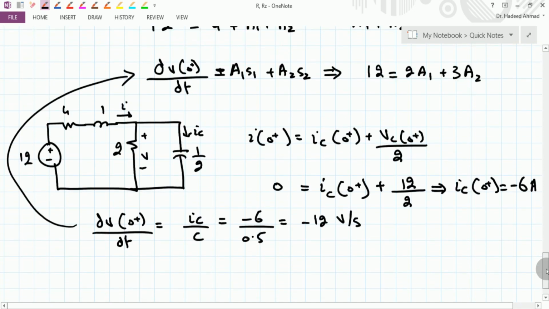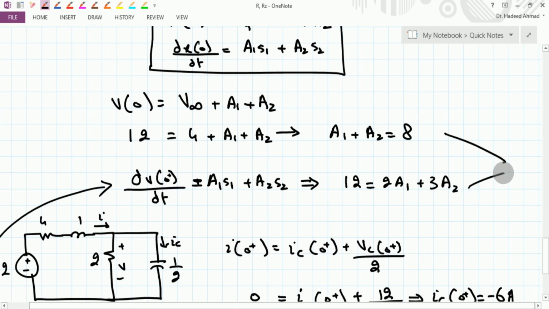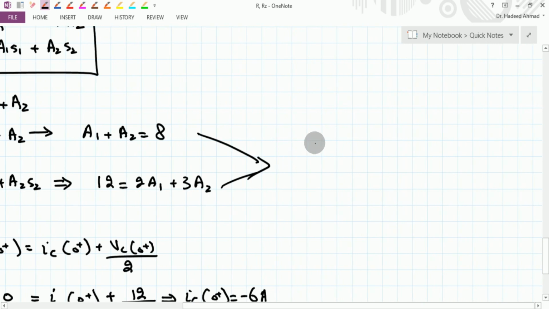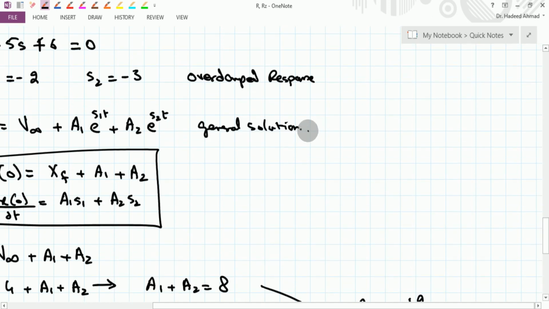Now this equation can be used in connection with the other equation. If I solve these two together, then A1 equals 12 and A2 becomes equal to minus 4.